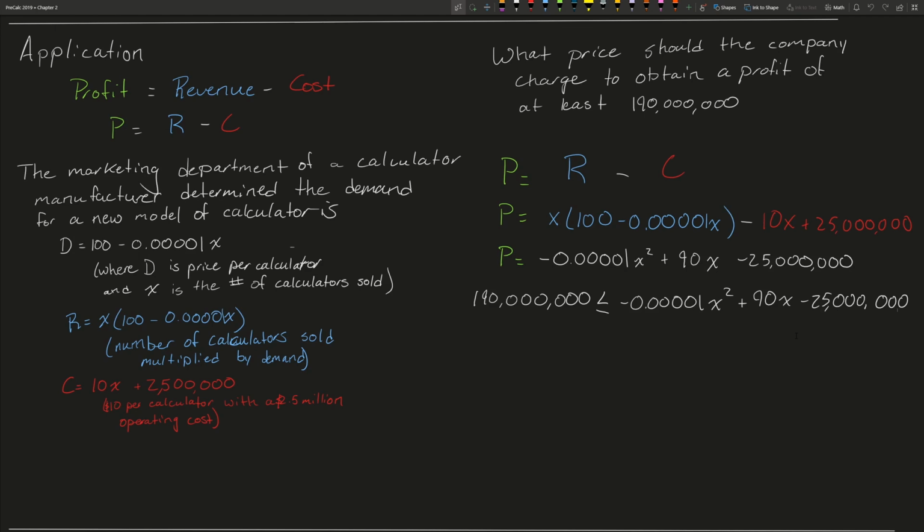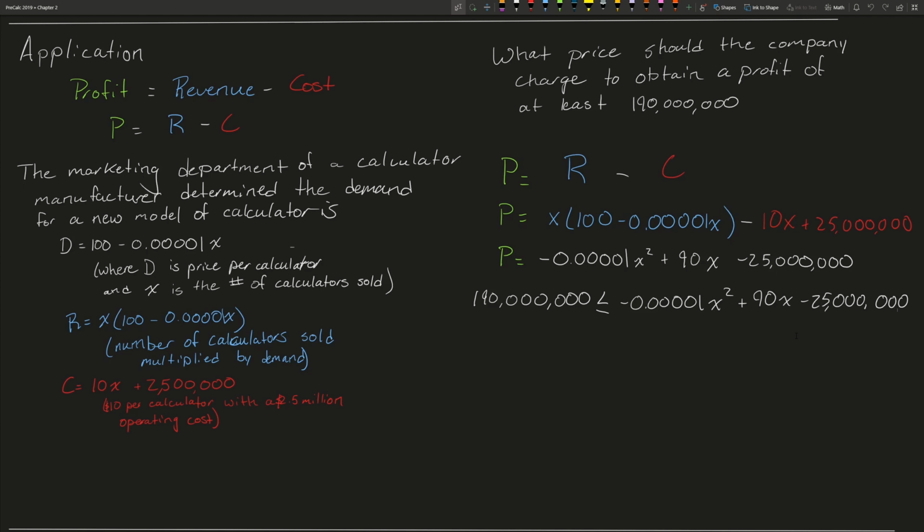A common question would be, what price should the company charge to obtain a profit of at least $190 million? So from our profit equation, we know that P is equal to revenue minus cost. So if we substitute revenue and cost, we get P is equal to x times 100 minus 0.00001x minus 10x plus 2.5 million.